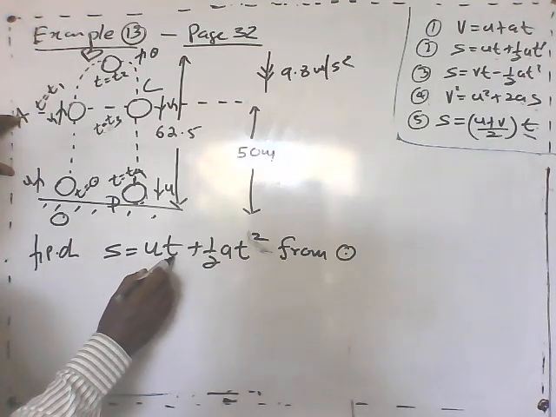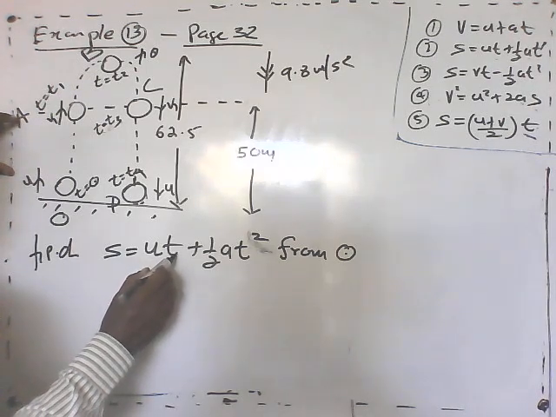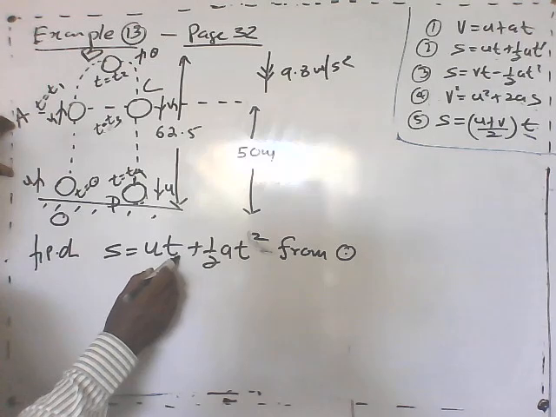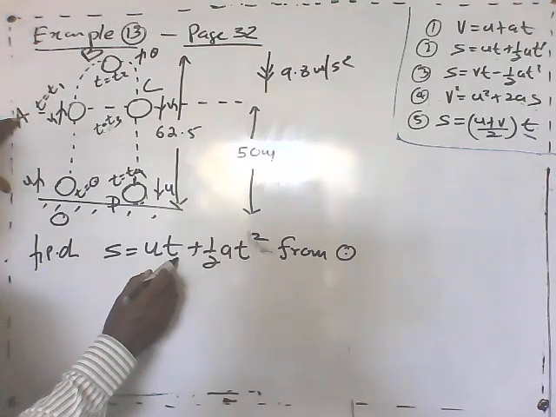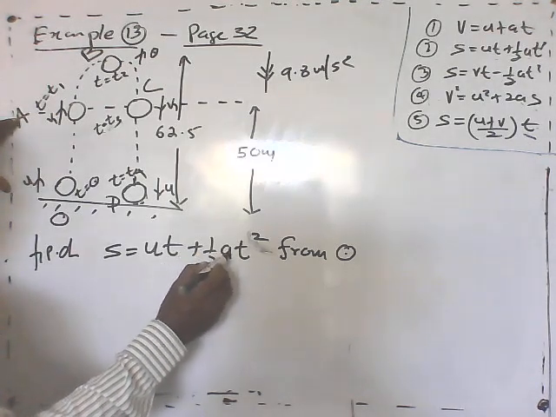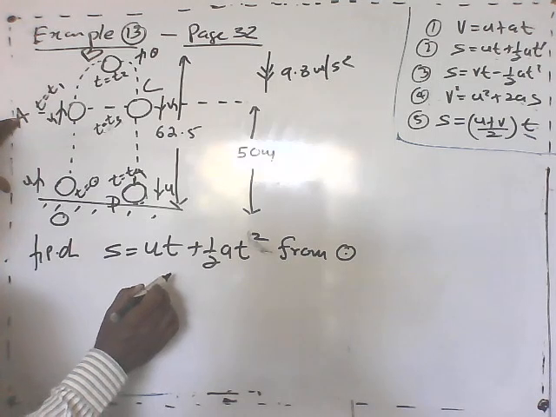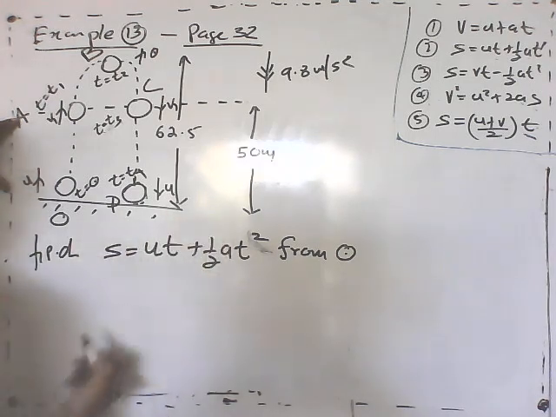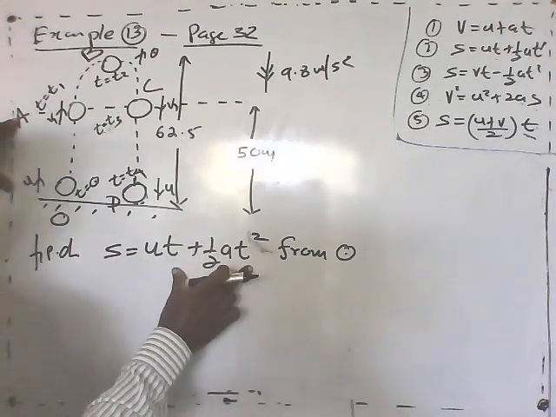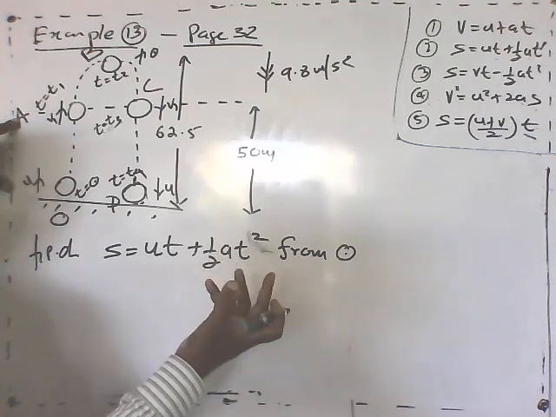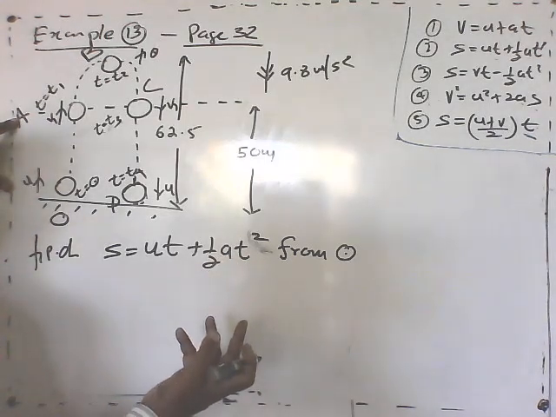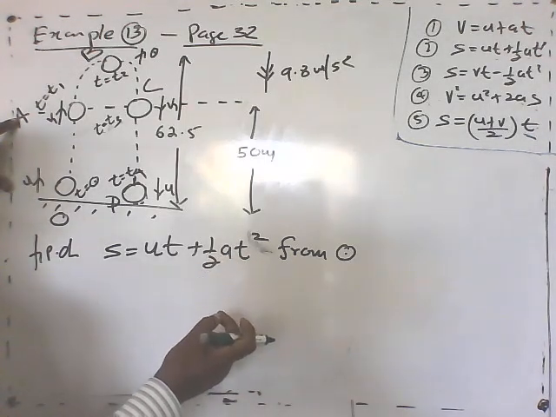And time, we have to find, the T1. Plus half 9.8, here we get a quadratic equation in T square, and there are going to be two solutions. Those two solutions are actually T1 and T3.